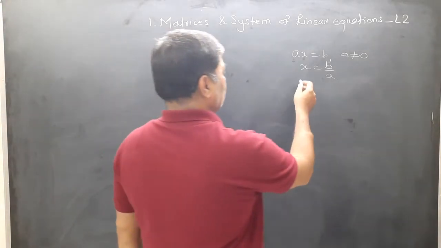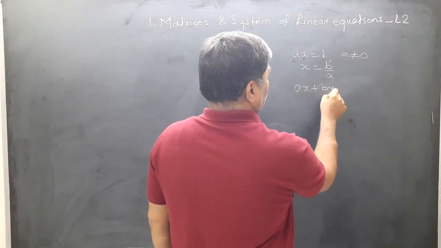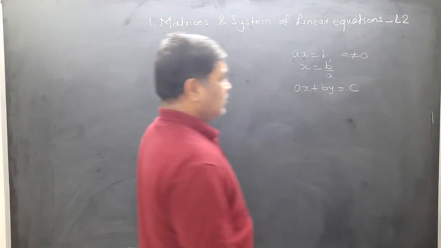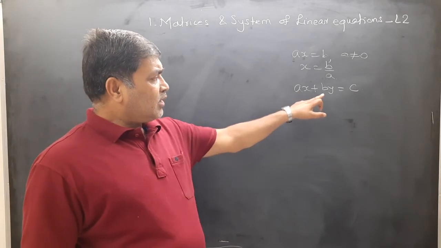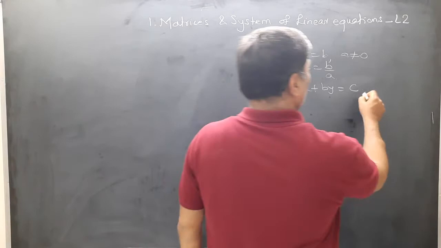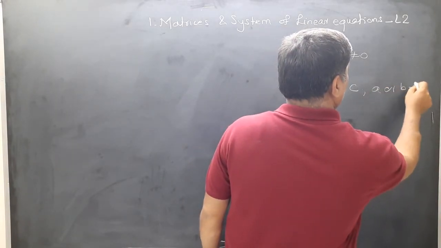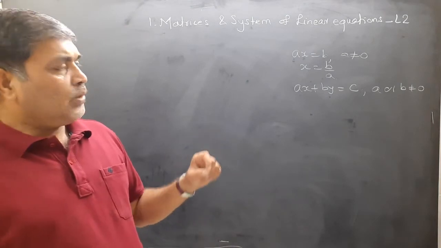Now if I take ax plus by is equal to c, this is a linear equation in two variables x, y. a, b, c are constants, and a or b is not equal to 0. Then this is an equation in two variables.